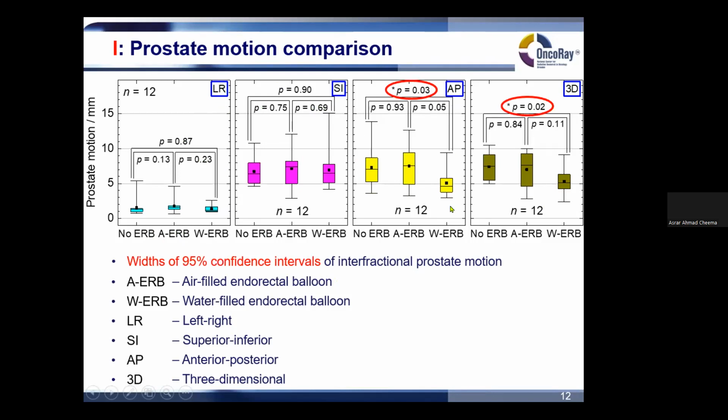However, there was a significant difference in prostate motion between the no endorectal balloon and air-filled endorectal balloon patient groups along anterior posterior direction, as well as a significant difference in the prostate motion for no endorectal balloon and water-filled endorectal balloon for the 3D prostate motion vector.